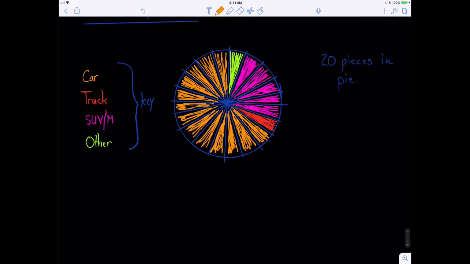Notice that if I counted my orange pieces here, let's do that. 1, 2, 3, 4, 5, 6, 7, 8, 9, 10, 11, 12, 13. So we could say that 13 of the males drive a car.